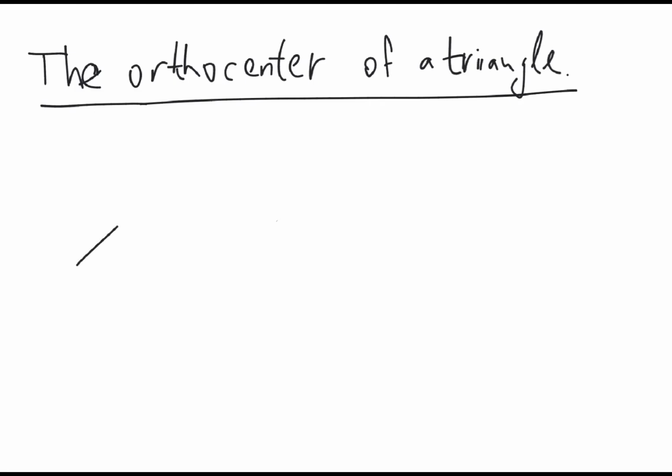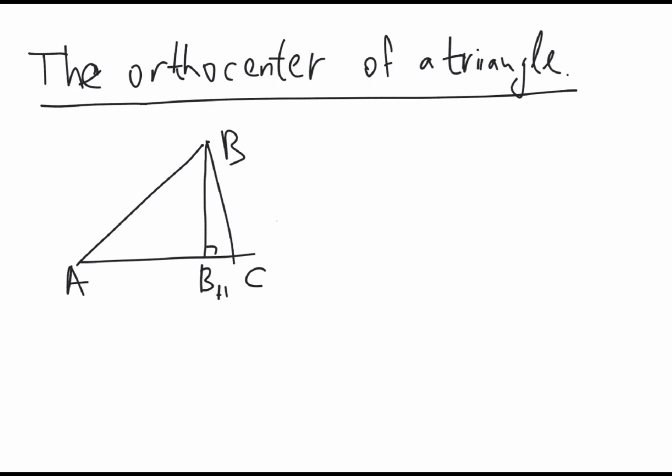So basically we have a triangle that we denote ABC, and we consider the altitudes of this triangle that we denote AHA, BHB, and CHC.